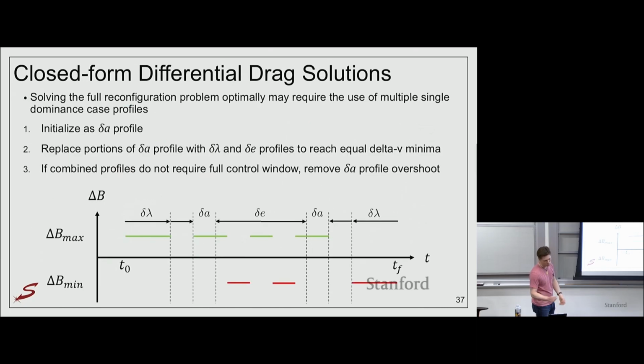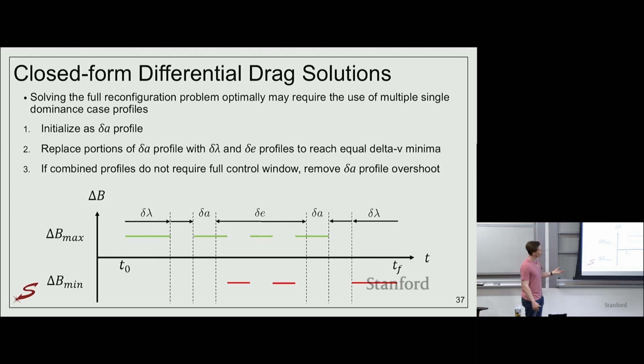So that effectively is what the closed form solutions try to do, and that's the most important thing to get from this, is to balance how much of each profile is used to be able to come up with an optimal profile.